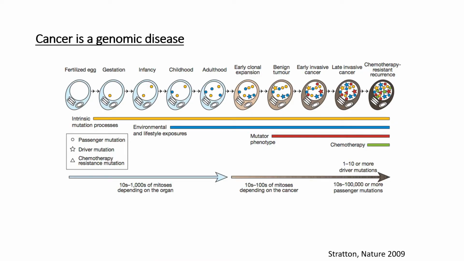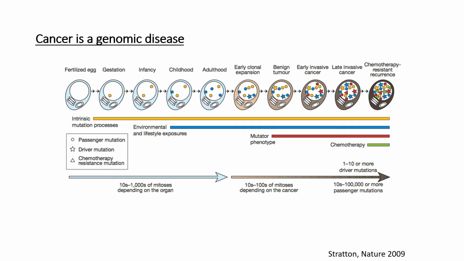Again, I've talked you through that everything is about the genome, and the genome is important, and we will study the genome, and we can study the omics. So if we look into this article that was published by Michael Stratton in Nature in 2009, he showed a very beautiful picture of how the cancer genome behaves, or how cancer is linked with genomics.